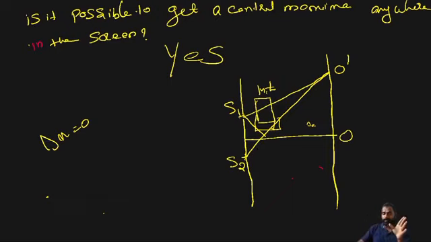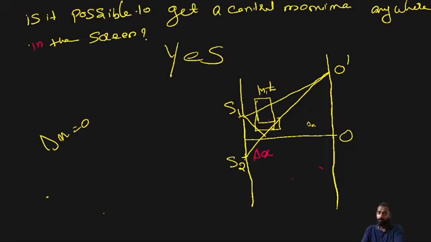If this delta x traveled by the S2 ray is able to compensate the path difference caused by the glass slab, then the central maxima will be obtained.